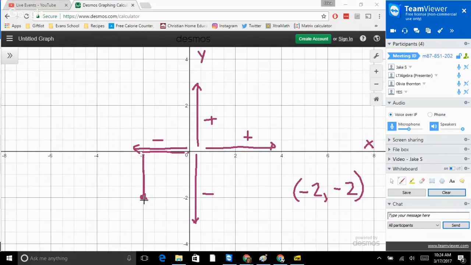And this is actually where -2, -2 would be. Does that make sense?